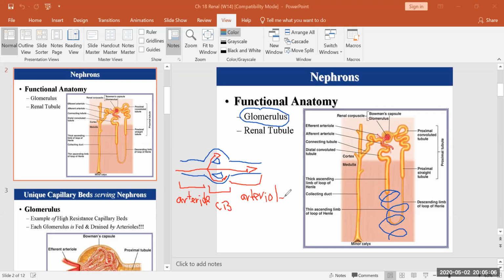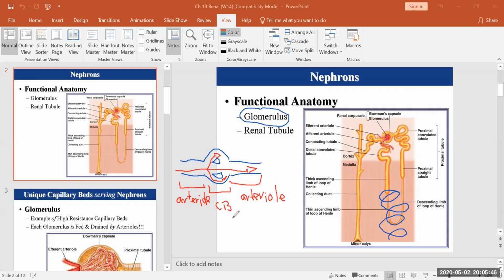So in other words, on either end of the capillary bed, you have 2 artery-typed blood vessels. And by doing this, they can control the pressure inside that capillary bed. So the functionality of this, you can have a much higher level of control of blood flow going through each glomerulus by having this design.